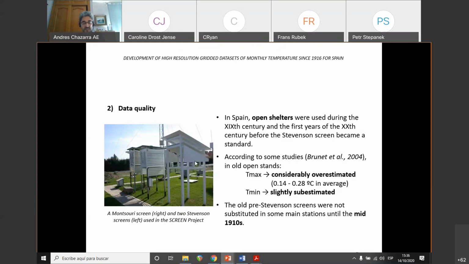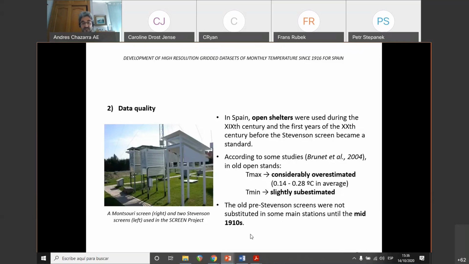So in this project, the temperatures registered in both types of screens were compared, and the conclusions were that the maximum daily temperature was considerably overestimated, whereas the minimum temperature was underestimated.